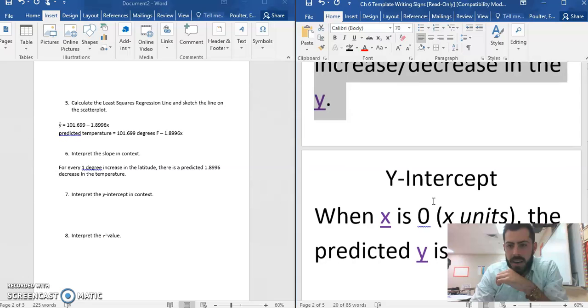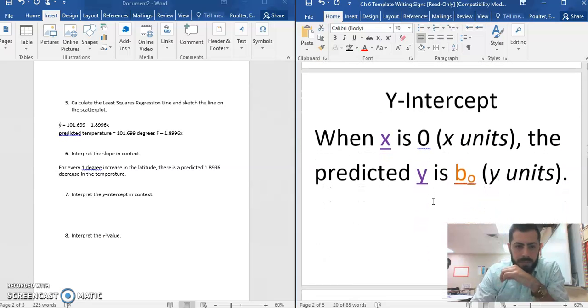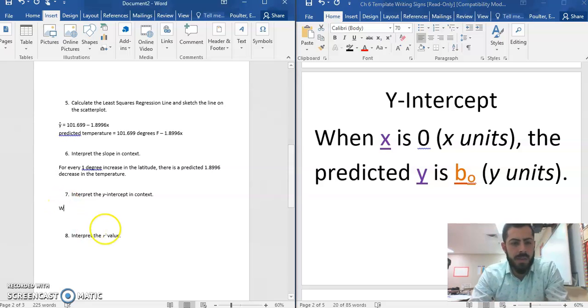All right, interpret the y-intercept in context. We have a prompt for that as well, y-intercept. So when x is 0, whatever our units are, the predicted y is whatever we got for our y-intercept and in y units. Again, x units in this case are our degrees in latitude, and our y units are our temperature. So this is easy enough.